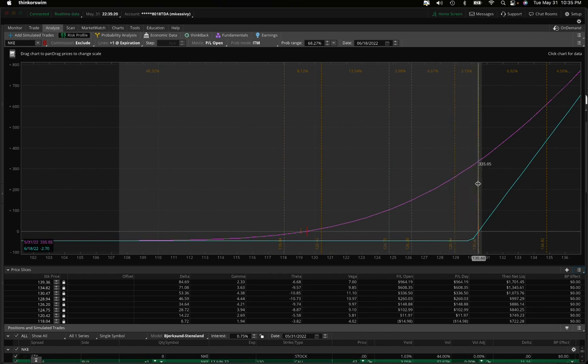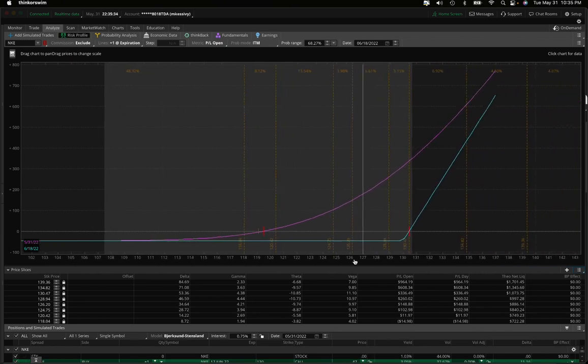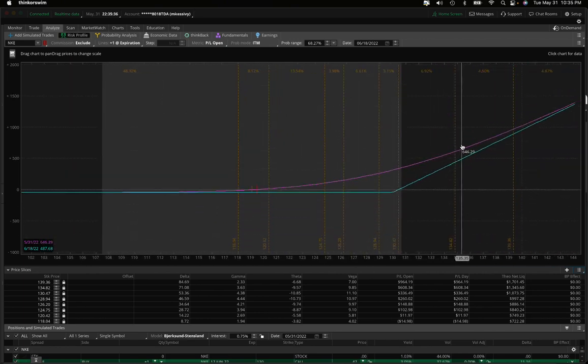It's pretty solid. This is our break-even point. Once we hit break-even, look at how price jumps up to 134. Wow, that's pretty amazing. And then when we get to 139, look at how price jumps.